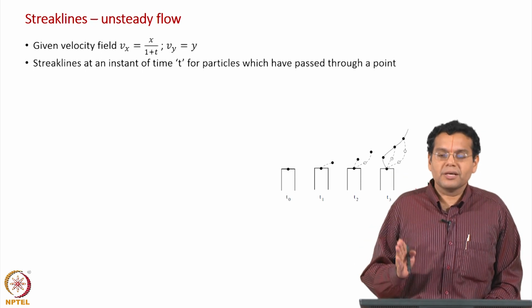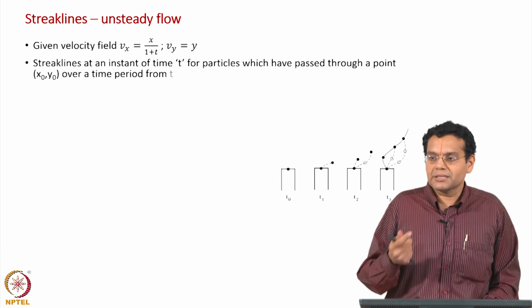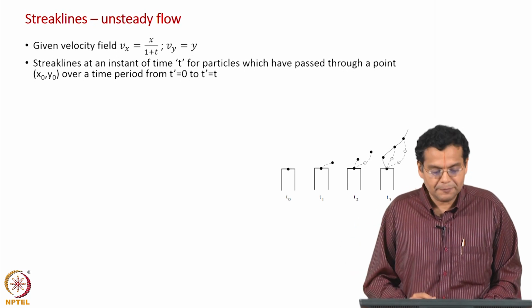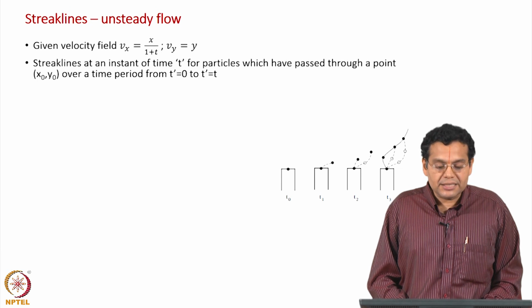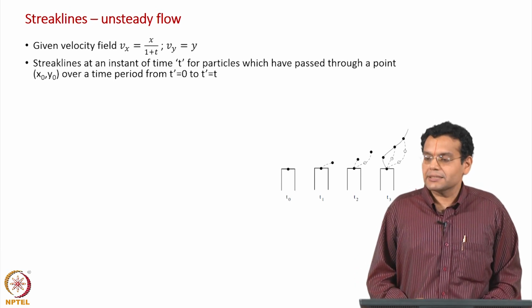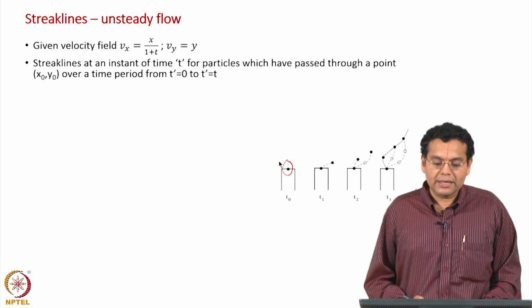Remember, visualization of flow patterns: the given velocity field could be measured, could be from simulation, and we are representing it using different visualization ways. Just to recall, streak lines at an instant of time are for particles which have passed through a point x naught y naught over a time period.